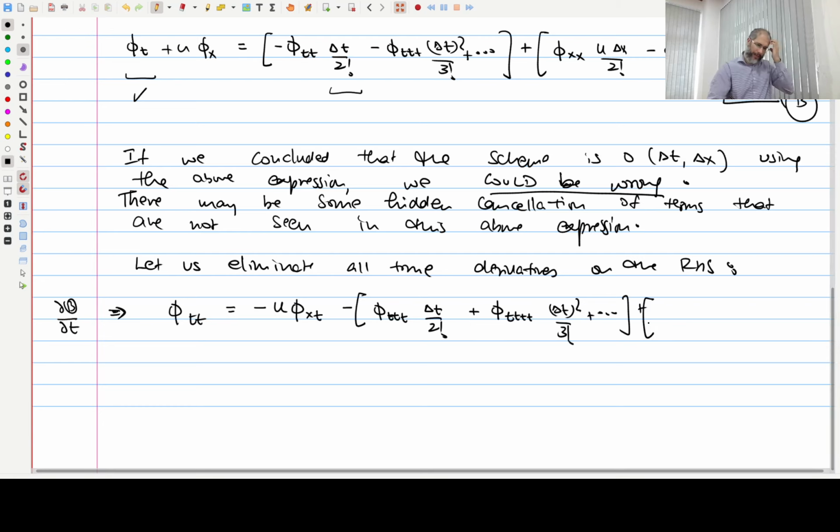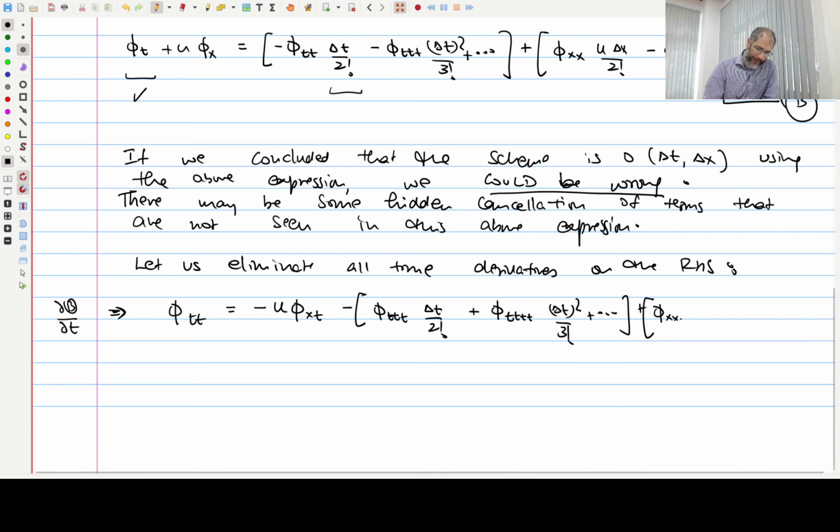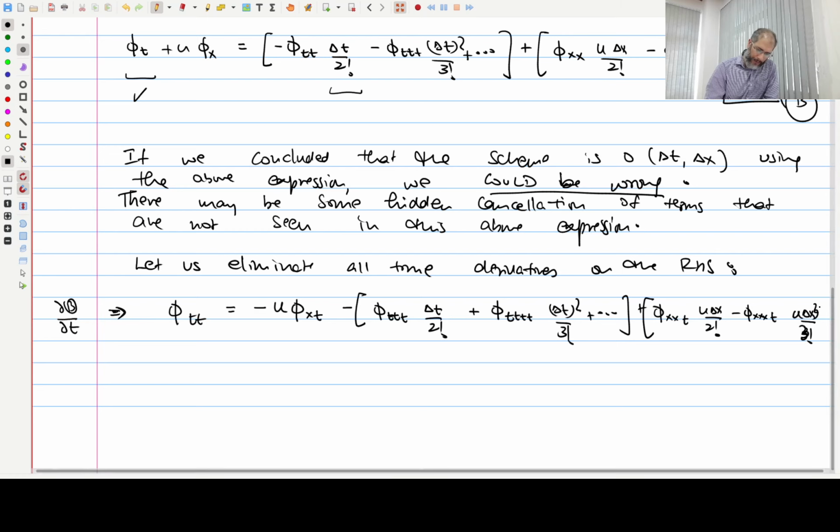Similarly, for the x derivatives in the error, I get mixed derivatives now: phi xxt, and then phi xxxt, and so on.